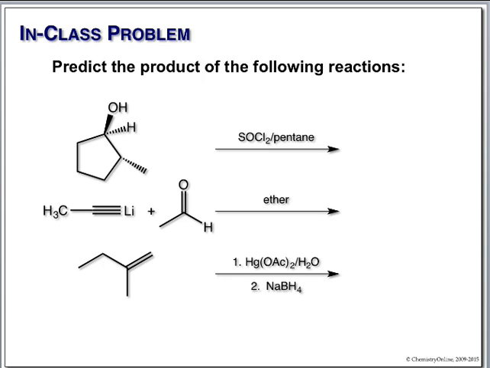Well, here we have a simple alcohol, and we have thionyl chloride and pentane. Now, pentane, we all remember, is a nonpolar solvent, isn't it? Now, thionyl chloride, we have two reactions we can do.